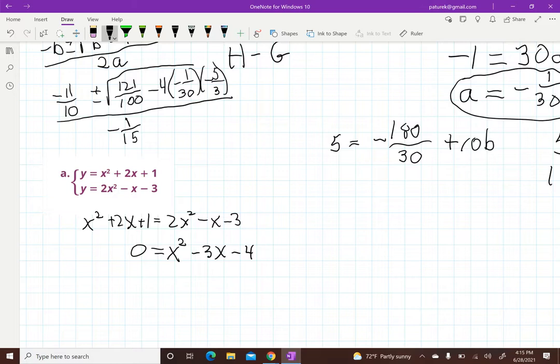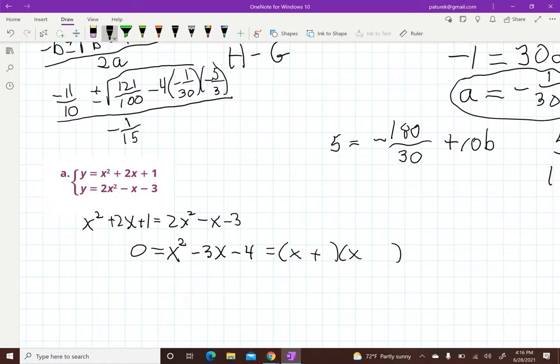Okay, well, now I could try to factor this, and some techniques you have are, what are two factors that when multiplied together are equal to -4, yet when you add them together they are equal to -3? And nothing is really coming to mind if you ask me. So, I mean, 1 and 4. Oh, that would work. 1 and 4. And we want this to end up being negative.